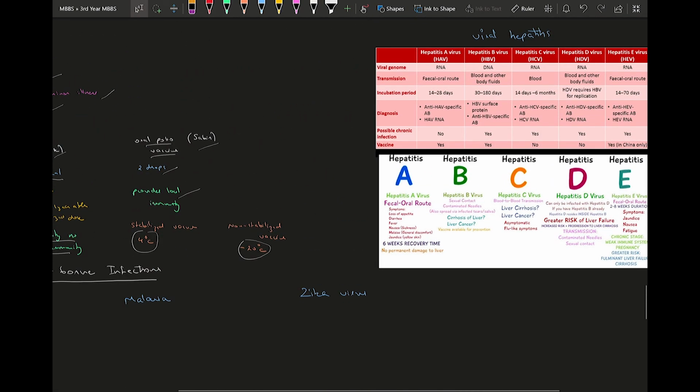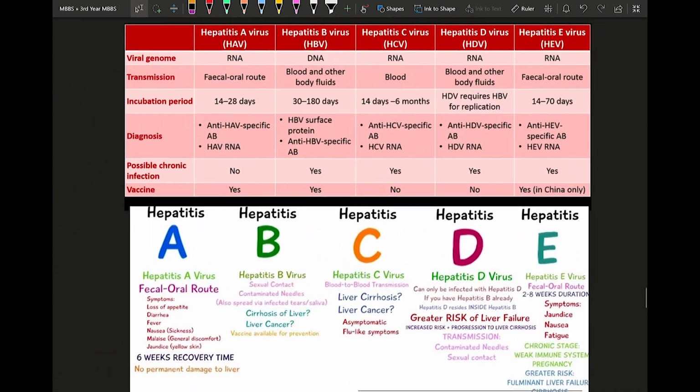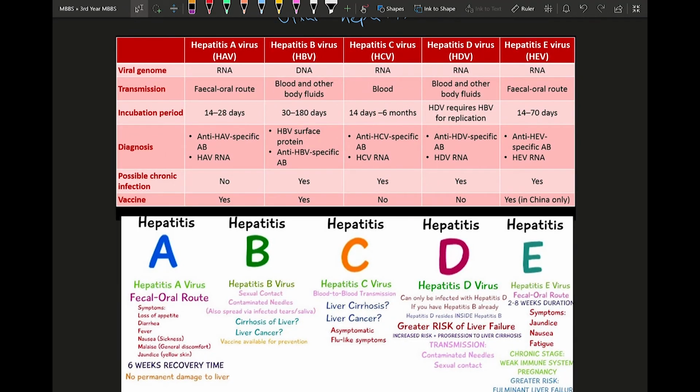The last thing will be hepatitis. This is a very huge question in microbiology, and I'm sure most of you would know almost all the details about it, so we just go through it in brief. There are 5 types of hepatitis virus: A, B, C, D, and E. Of these, B, C, and D are transmitted via blood and body fluids, and A and E are transmitted via fecal-oral routes.